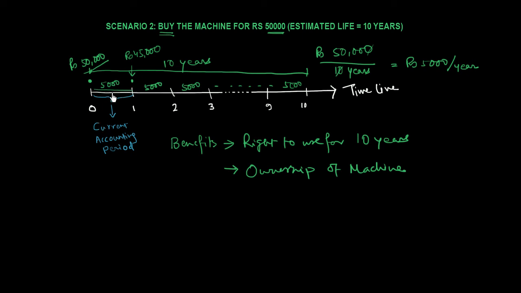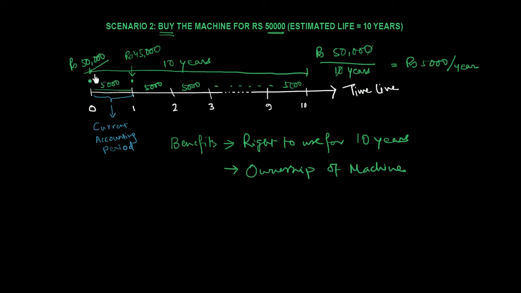This part of the cost of the machine, the cost of benefits which you enjoyed in the current accounting period, will be treated as an expense.